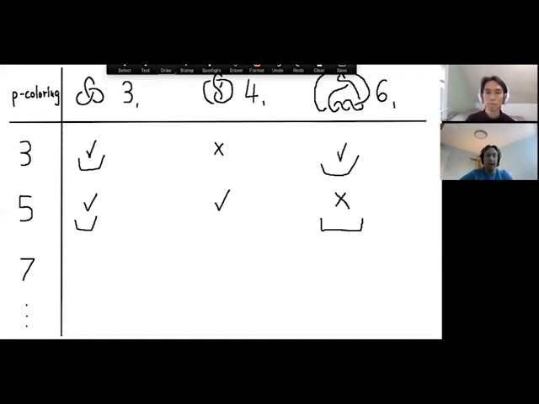We can take any two knots and we can look at p-colorability for larger and larger prime p, and this will tell us exactly if these two knots are the same. So if the two knots agree for all p, then we know they're the same. And if they disagree for any p, as in one of them is p-colorable and one of them is not, then we know the two knots are different. So now we have a general way to distinguish between any two knots using p-coloring.